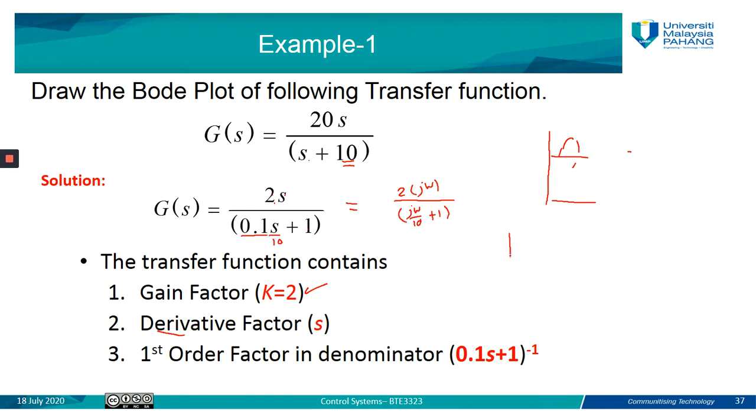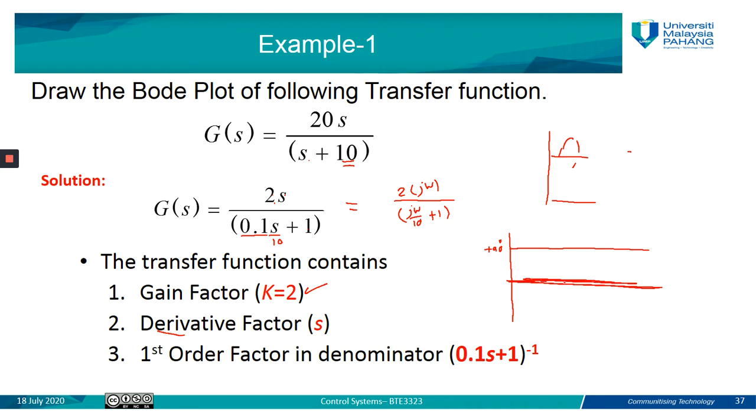So if we want to draw the angle, first for the gain, the angle is equal to 0, so it will be on this line, no change. The angle is equal to 0. Then for the derivative factor here, the angle becomes positive 90, so it will come here, positive 90 degrees. But for the first order pole, it has 3 regions, before omega 1 over 10.